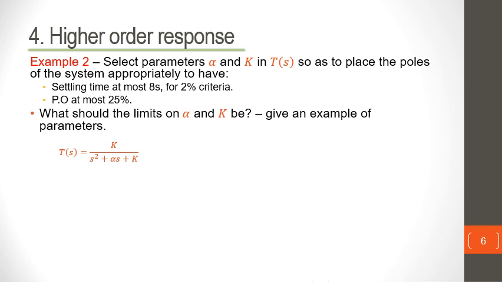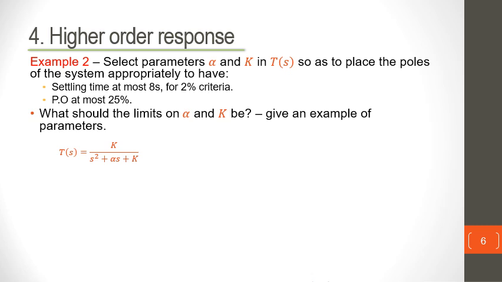So let's tackle an example. In this example, we have to select the parameters alpha and k in T of S, so as to place the poles of the system appropriately to have a settling time of at most 8 seconds for the 80% criteria, and a peak overshoot of at most 25%.